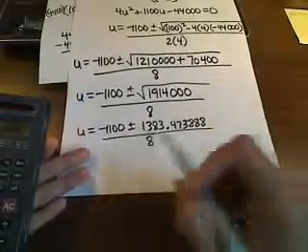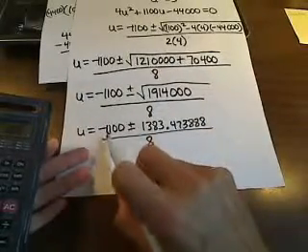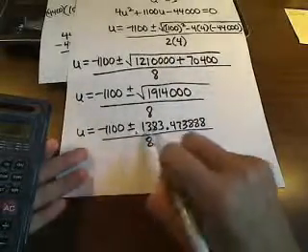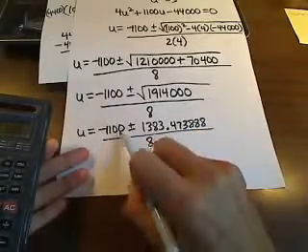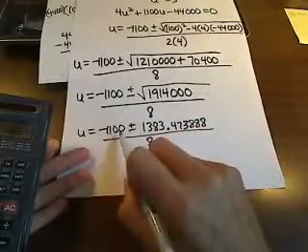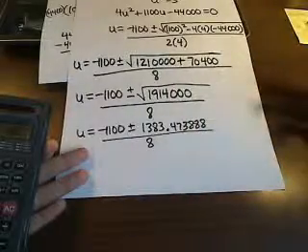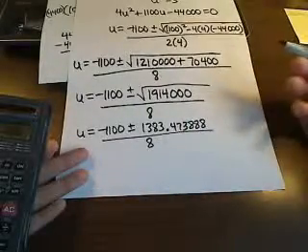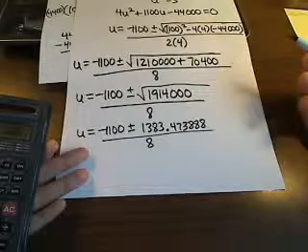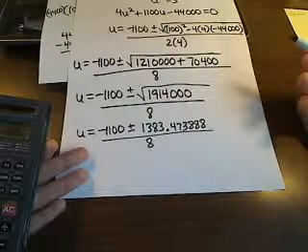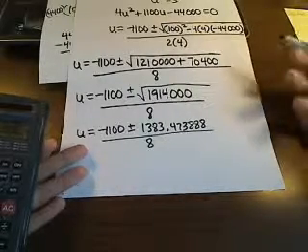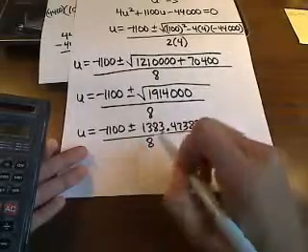Now from here, there's two things going on. You have a negative 1100 minus this number, and you have a negative 1100 plus this number. Negative 1100 minus the number will result in a negative answer, and that's not going to make any sense because we're talking about the distance down to the water's surface, and negative distance just doesn't make any sense. So I'm not even going to worry about that option.